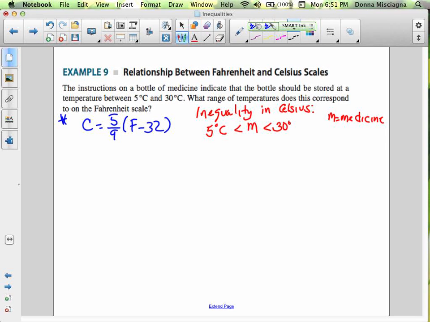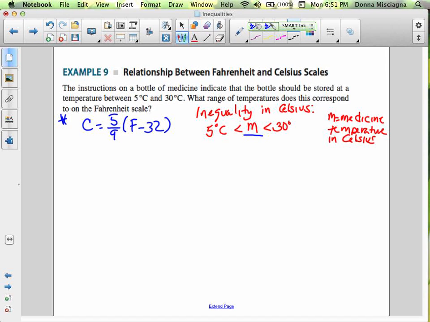Since we know the relationship between Celsius and Fahrenheit, we can just replace that medicine temperature in Celsius with the relationship between Celsius and Fahrenheit.